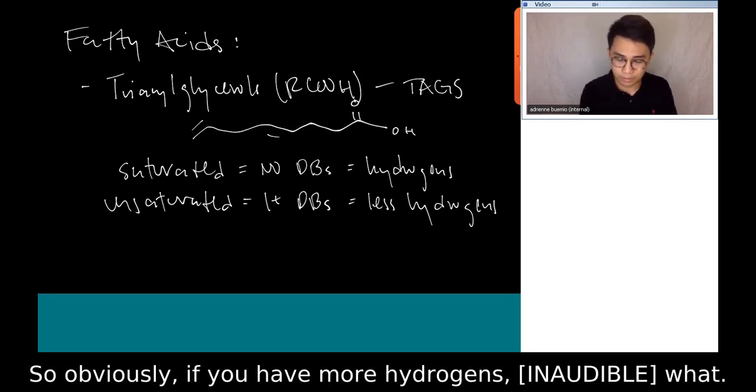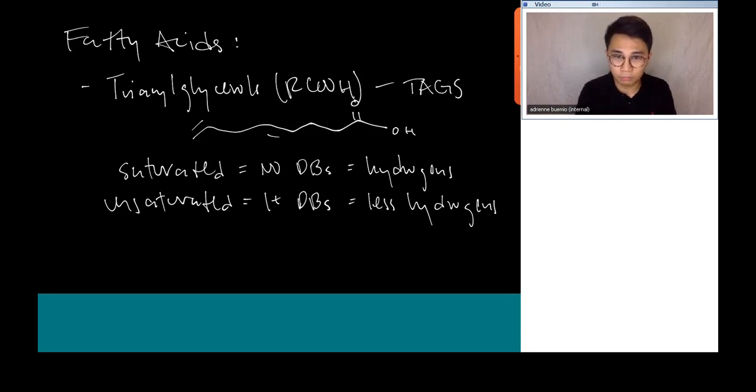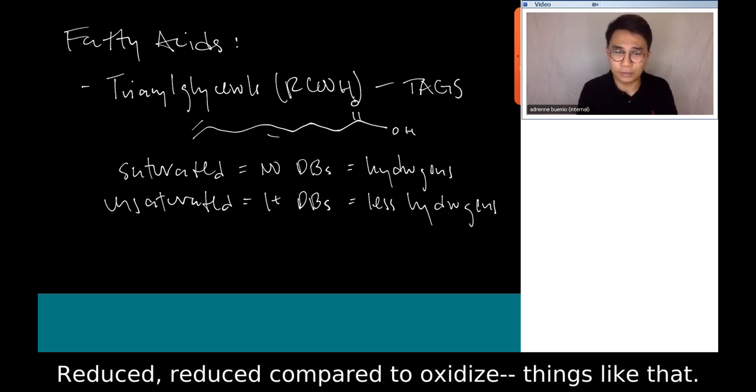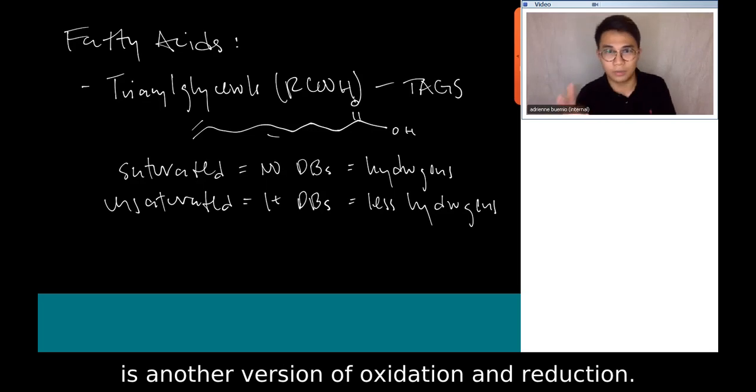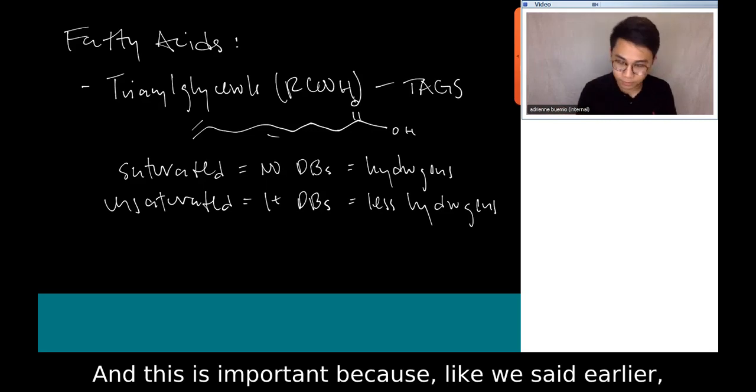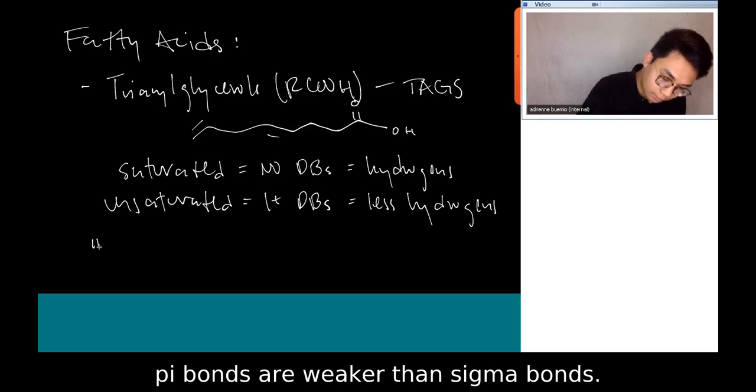So obviously, if you have more hydrogens, that's reduction, right? Reduced compared to oxidized, things like that. But saturated and unsaturated is kind of another version of oxidation and reduction, right? And this is important because, like we said earlier, pi bonds are weaker than sigma bonds.